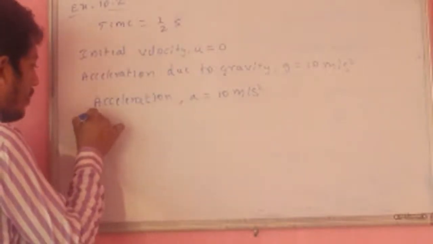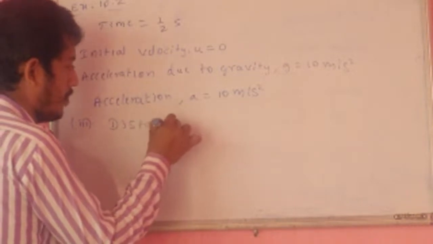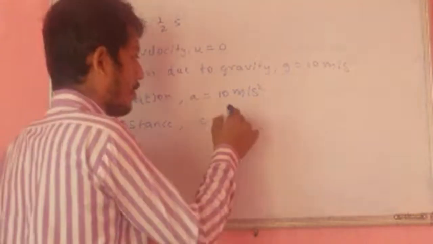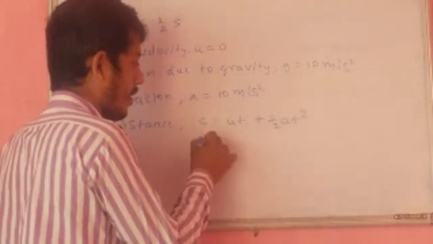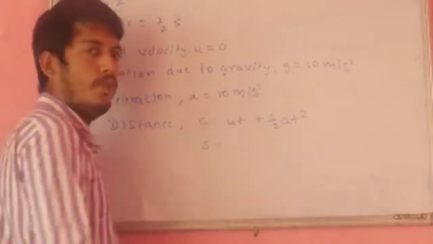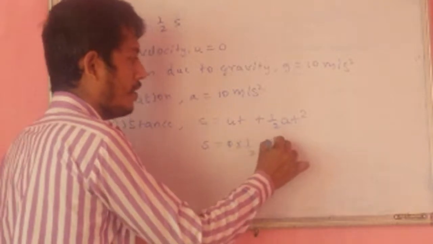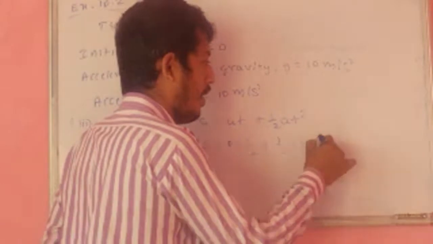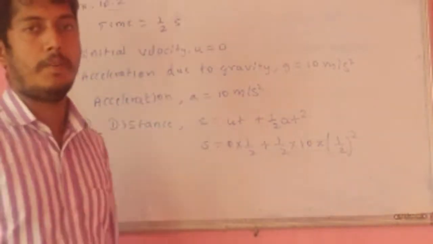The distance, s, equals ut plus half at squared. s equals u value 0, initial velocity, times time which is half, plus half into acceleration 10 meter per second squared and time is half squared. Just simplify this.